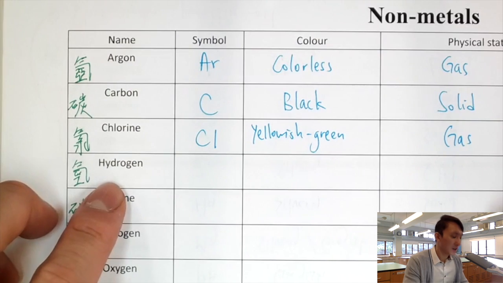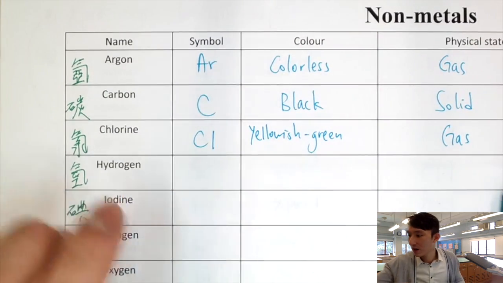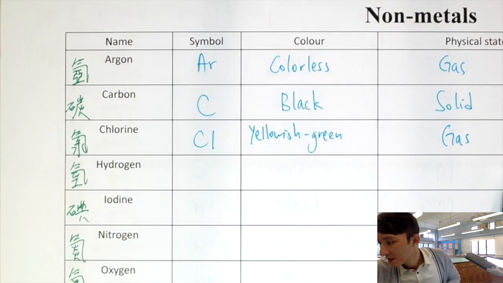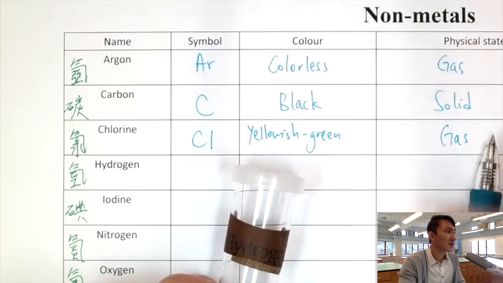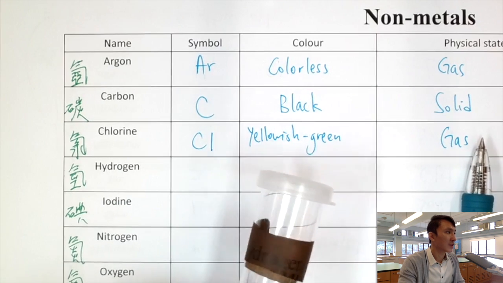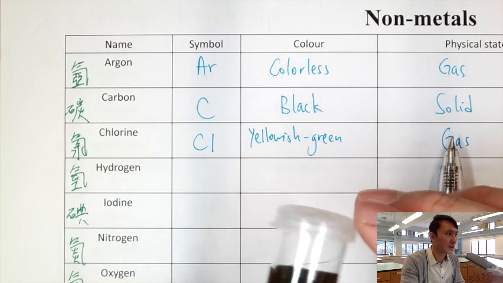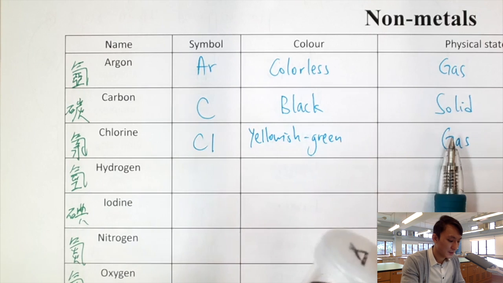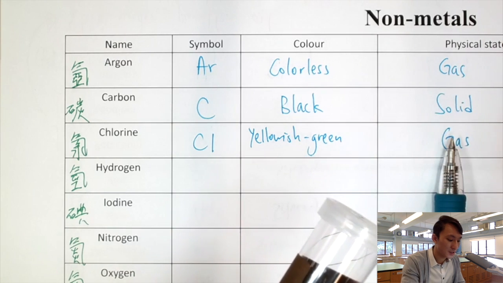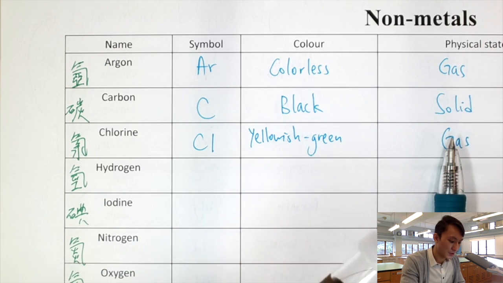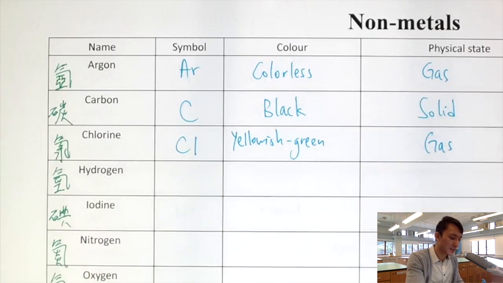Now this one, hydrogen. Actually, to be honest, this is just an empty container because hydrogen is colorless. So even though we fill in the real hydrogen gas, you are not able to see any difference. So this is hydrogen gas.